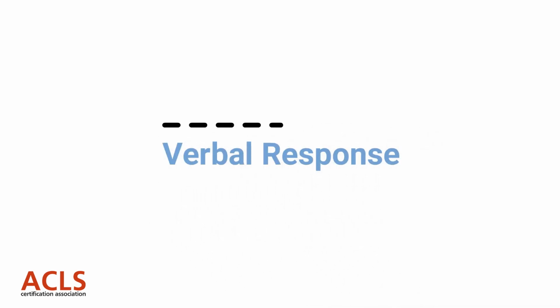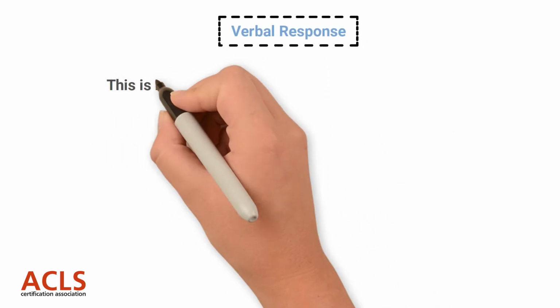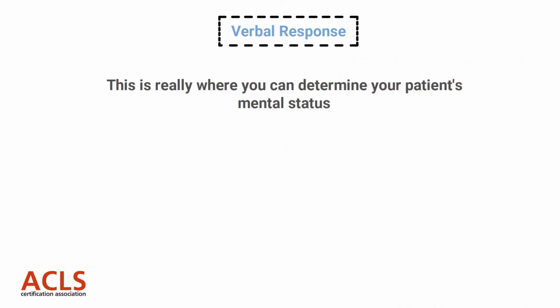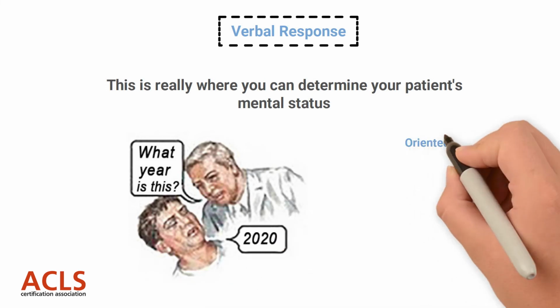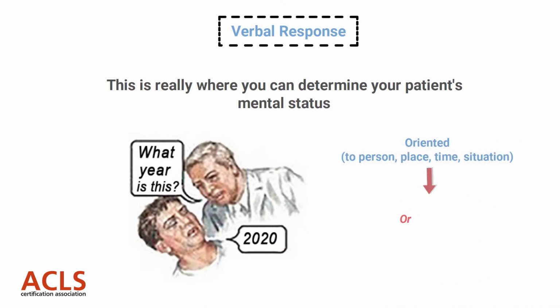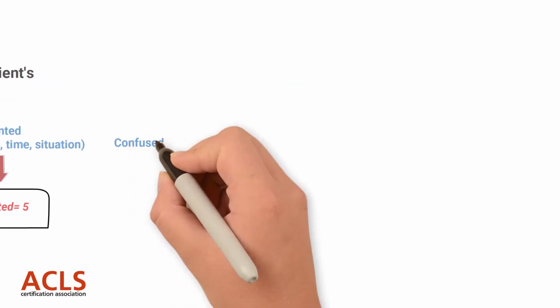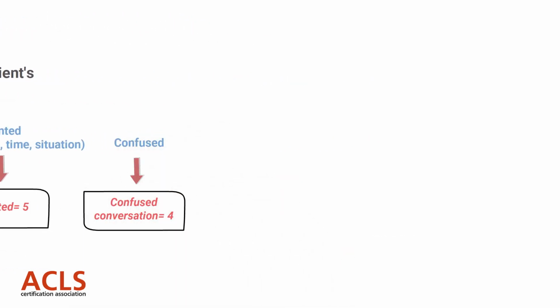The next thing we're testing is verbal. This is really where you're able to determine your patient's mental status. If your patient is oriented to person, place, time, situation, then they get full points for verbal. If they're a little bit confused, they get fewer points.